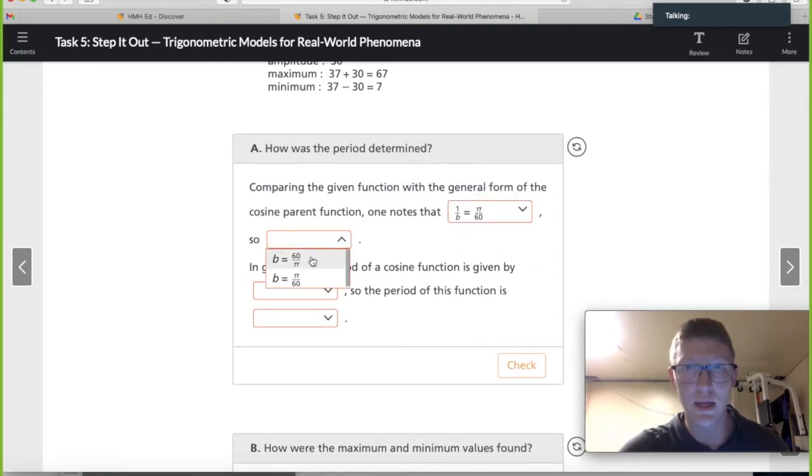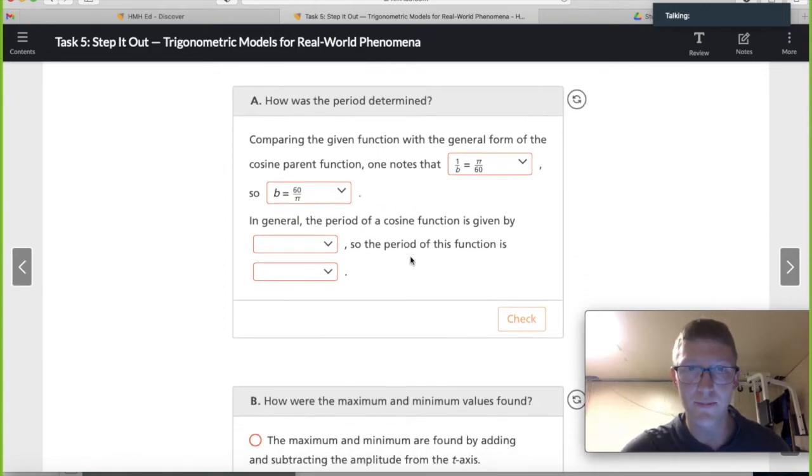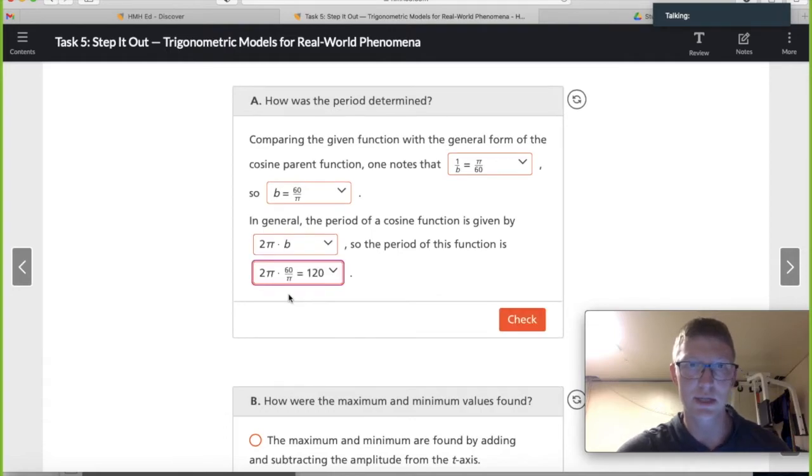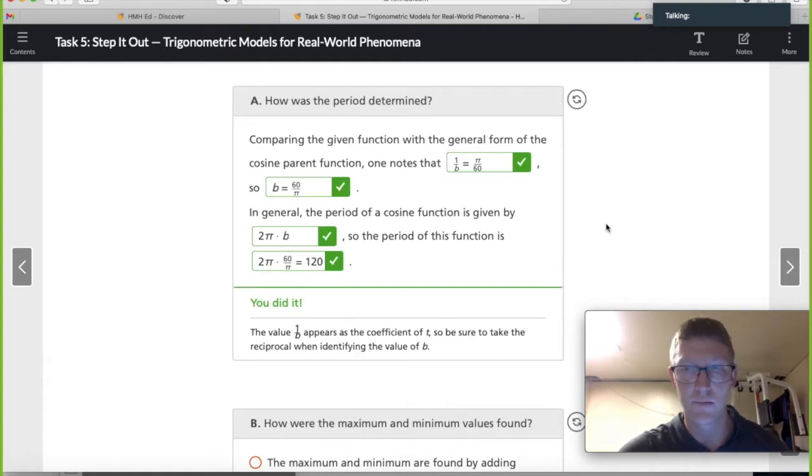So b equals 60 over pi. We talked about that because it's a reciprocal. In general, the period of a cosine function is given by 2 pi times b. So the period of this function is 2 pi times 60 over pi. Yay.